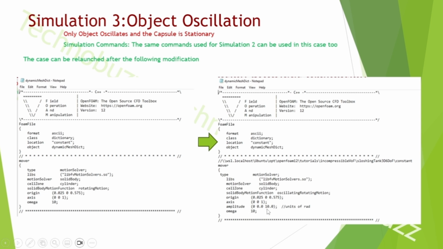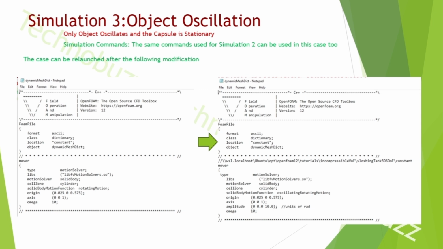So the amplitude is 10 in z direction with the same omega 10 radians per second. After making this change, just save the file and we can launch the case using the same simulation commands.